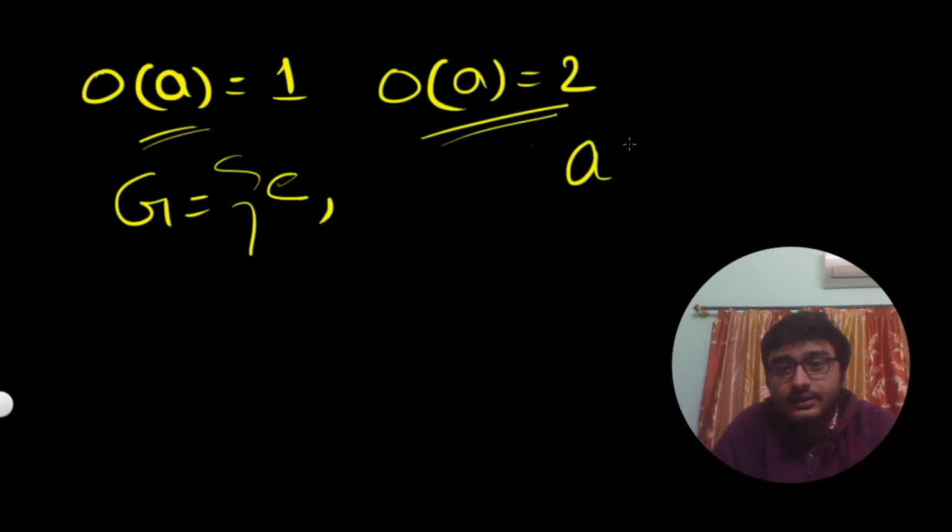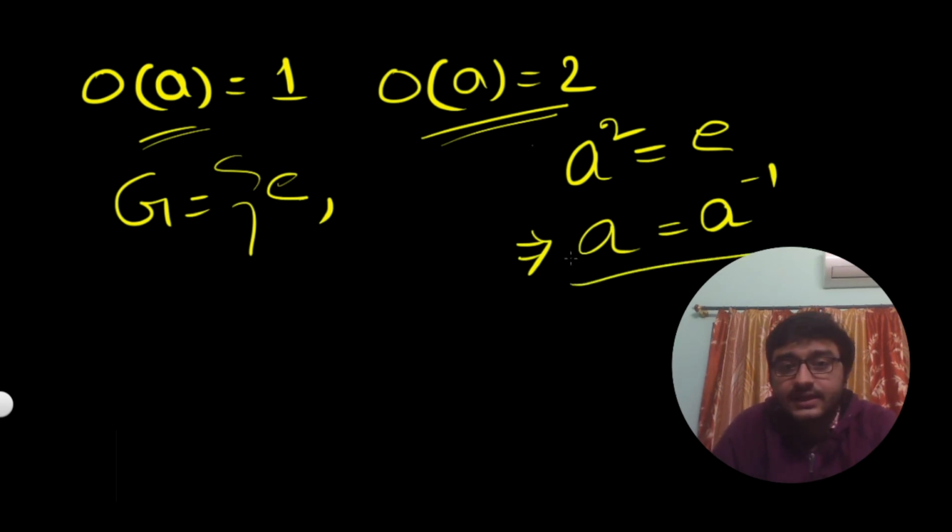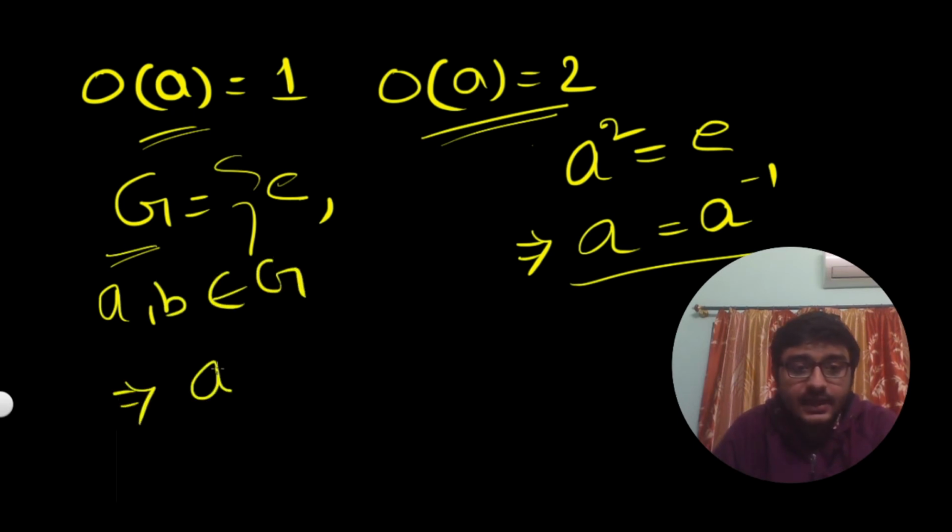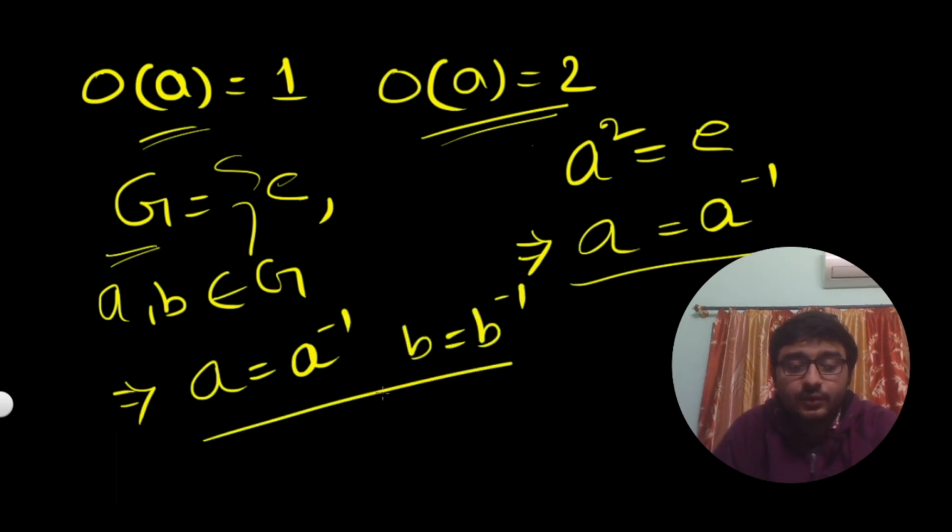That means A square is equal to E. This implies A is equal to A inverse. This implies that G is a group of order 4 and each of its elements is its own inverse. This is what we have. So if A and B belong to G, then A is equal to A inverse and B is equal to B inverse. We will use this to prove that the group G is abelian.